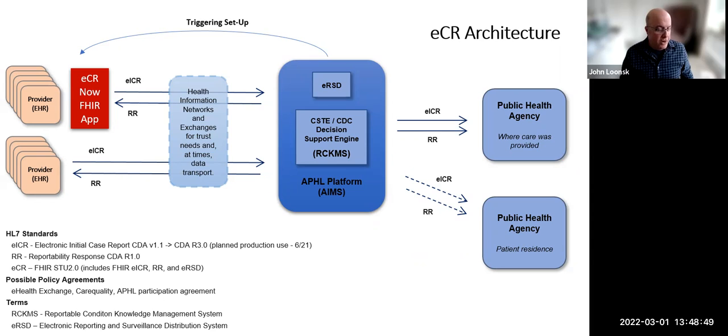The other great benefit of this architecture is that it can report to more than one public health agency. Traditionally, there would be reporting just where care was provided. But some state laws require absolutely that the public health jurisdiction of the patient's residence be reported to as well, and this architecture does that.